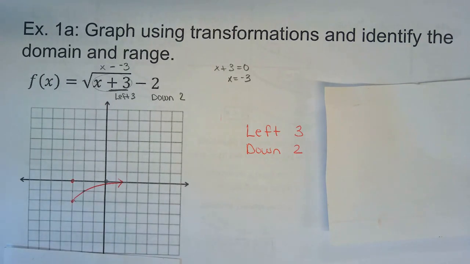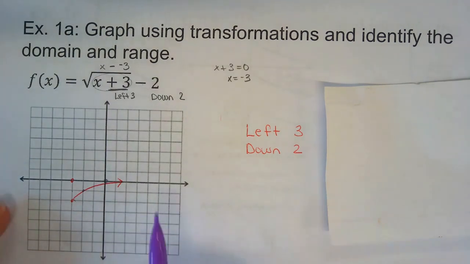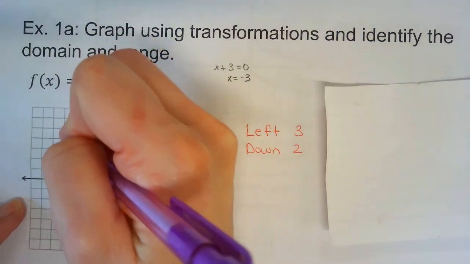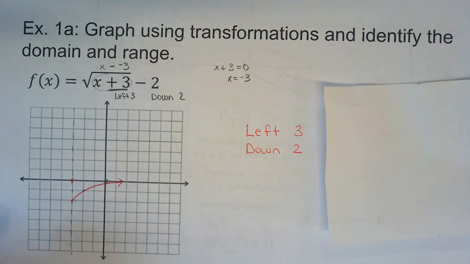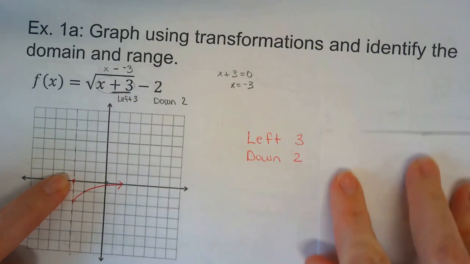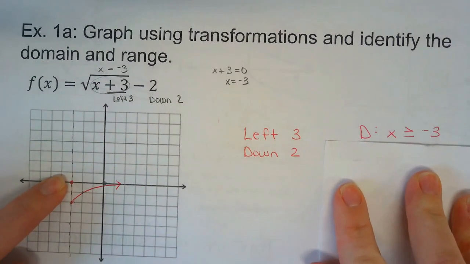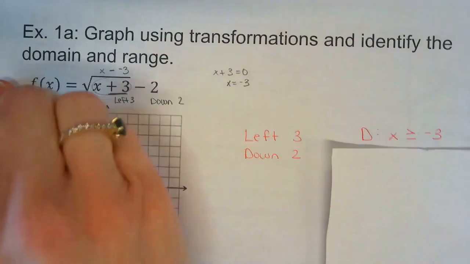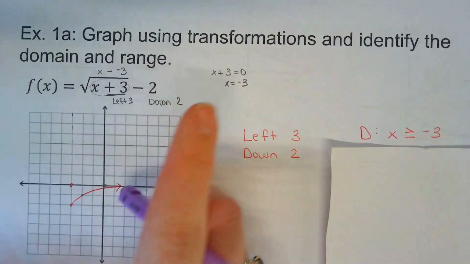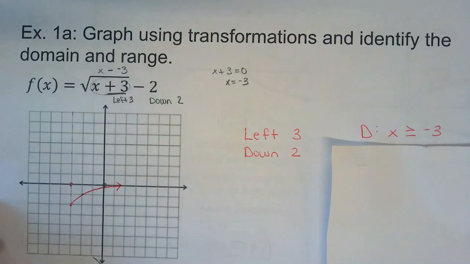You also need to identify your domain and range. So remember, your domain are your x's. Are your x's all reals? No. You can see that your x's are stopping at this point here. So I am going to have x's greater than or equal to negative 3. And for your range, which is your y's, are your y's all reals?